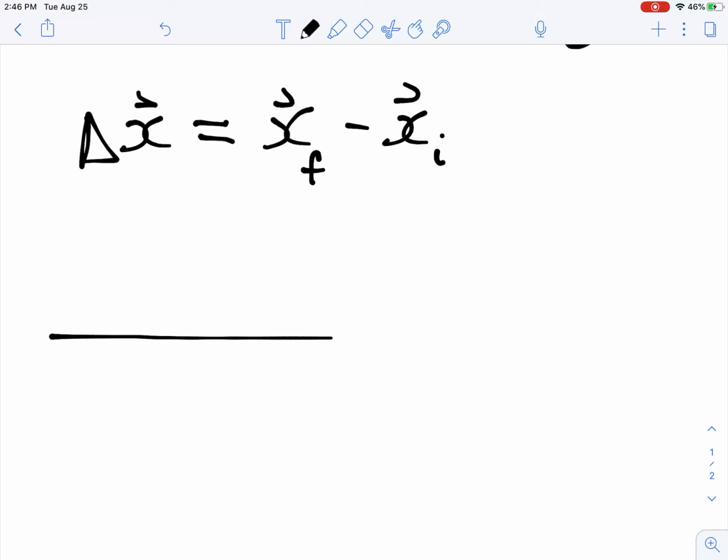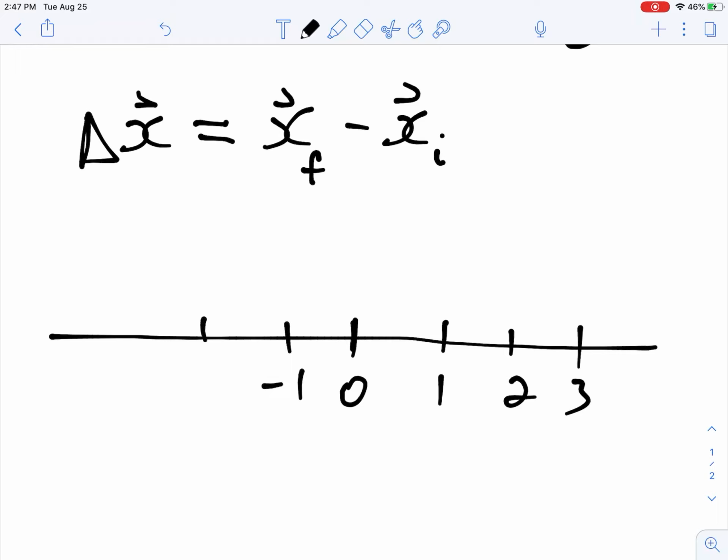To remember how this works, we are in one dimension, so we have a one-dimensional line, a one-dimensional mode of travel. We pick our 0 point. We assign our coordinates so we can visualize what we're doing. Let's do an example of displacement. Let's say we have an initial position of 3.